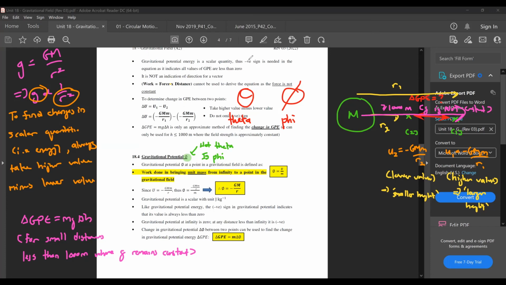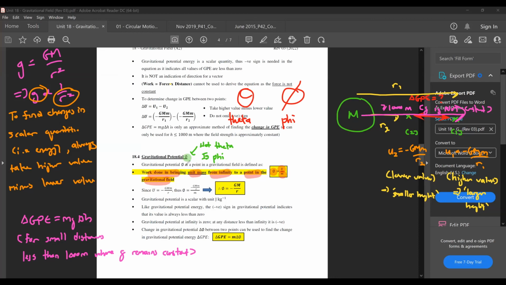The definition for gravitational potential is that it's similar to gravitational potential energy, just that it's per unit mass. So gravitational potential can be defined as work done in bringing a unit mass from infinity to a point in the gravitational field. If you write it down in equation form, this means that gravitational potential is gravitational potential energy divided by mass.